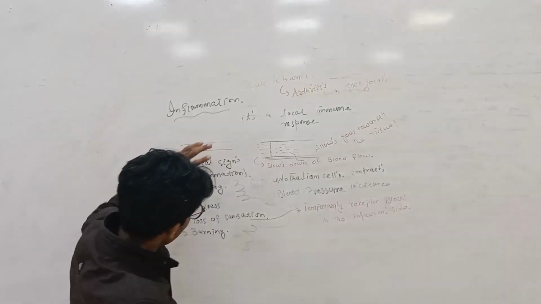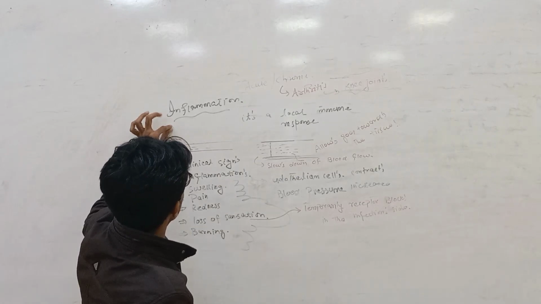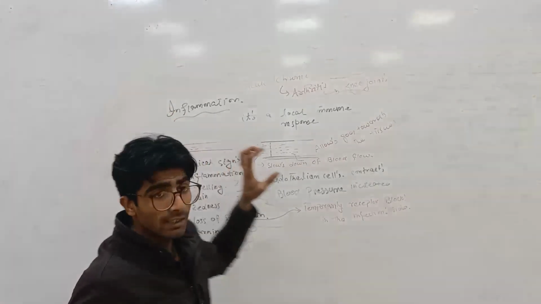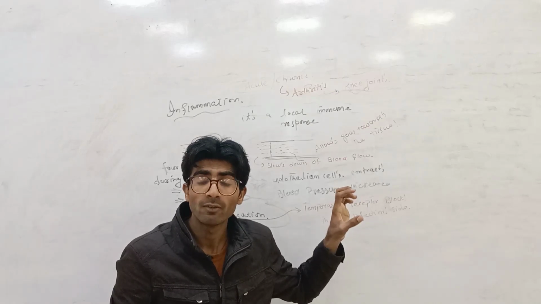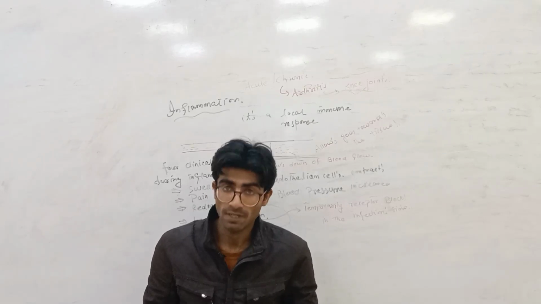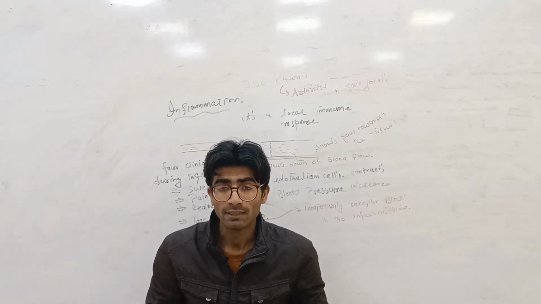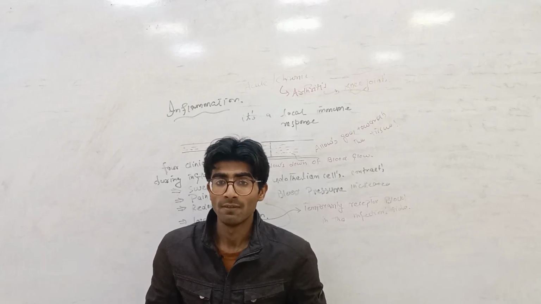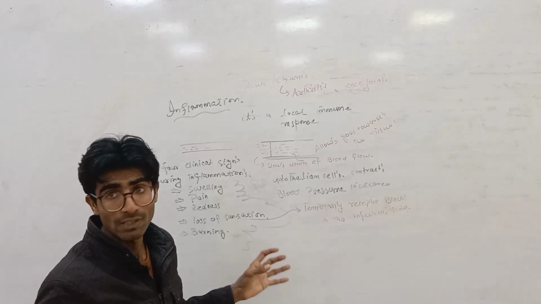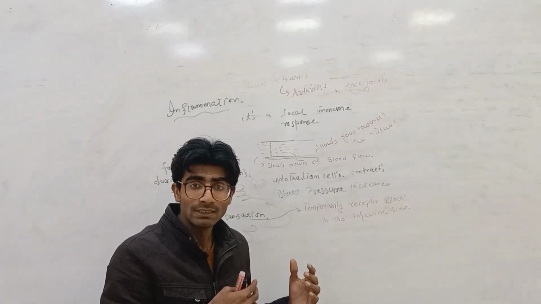So I want to explain again all these types of inflammation. Firstly, we are talking about inflammation. It's a local immune response in which infection happens, and some clinical signs are produced: swelling, redness, pain, itching, loss of sensation, burning, and your blood pressure increases.